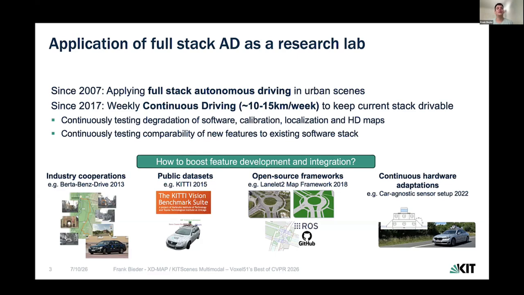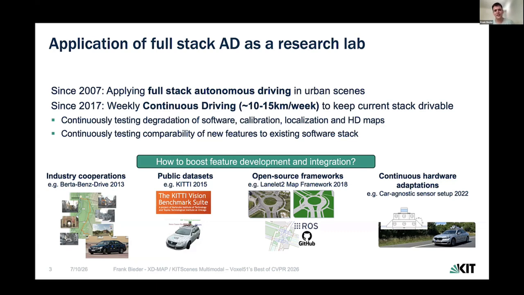In our lab, the KITTI data set was also released, which is I think right now the go-to multi-sensor data set. We are trying to publish open source frameworks, like one of our most famous ones, the Lanelet2 framework, which is the de facto standard right now for HD maps in autonomous driving.